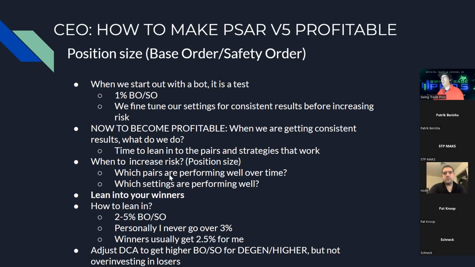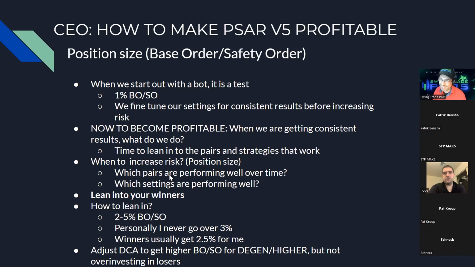Okay. And so you have to ask yourself some questions here. Okay. And so we're looking at our long-term results and saying which pairs are performing well over time, right? It's not just, this one made me 5% today, but maybe it's Dent, right?